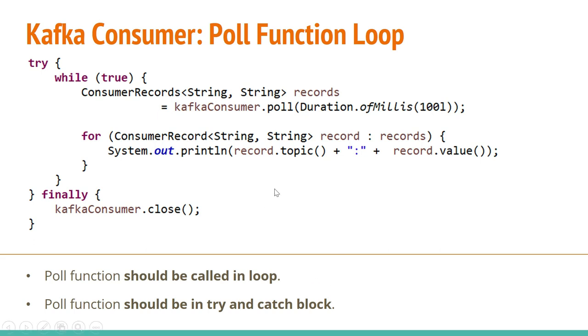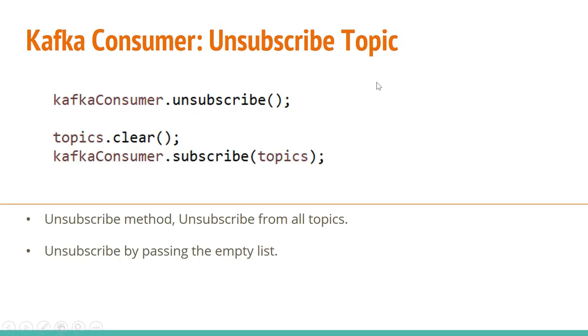The second thing is that we should always call the poll function inside a try, catch, and finally block, as the actual interaction with the broker starts at this stage only. And once we are done, we should always call kafka consumer.close to free up the resources. Now, to unsubscribe from topics on the Kafka consumer, we can call the unsubscribe method, which will unsubscribe from all the topics.